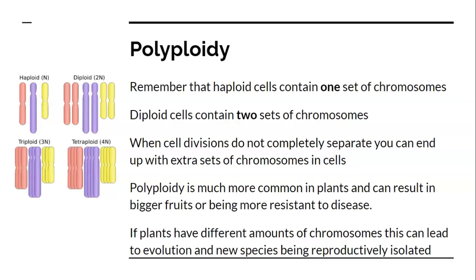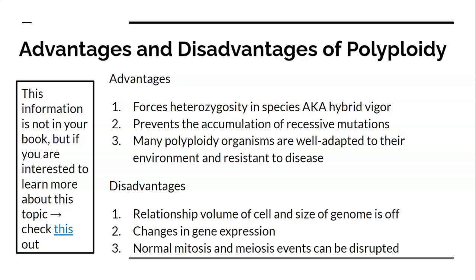And because of polyploidy, you can get bigger fruit, more resistance to disease, but having these different amounts of chromosomes leads to evolution and new species being reproductively isolated, because eventually a plant that has 8 sets of chromosomes is not going to be able to reproduce with a diploid plant. They're just too different at that point.